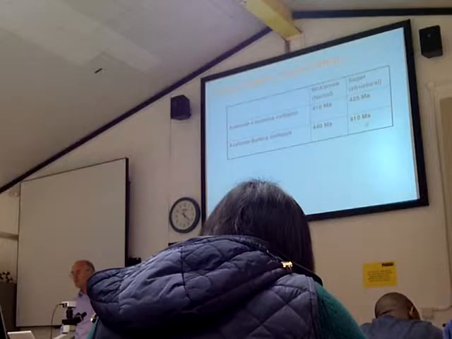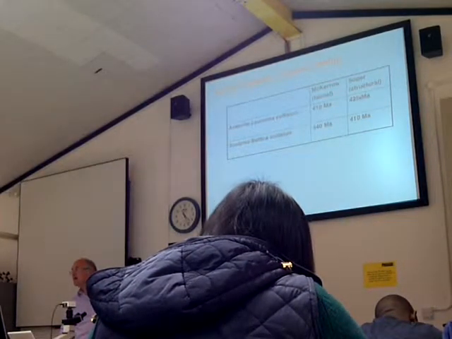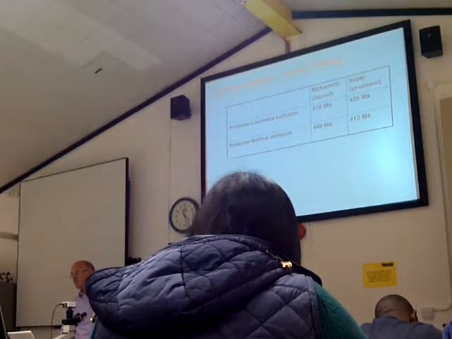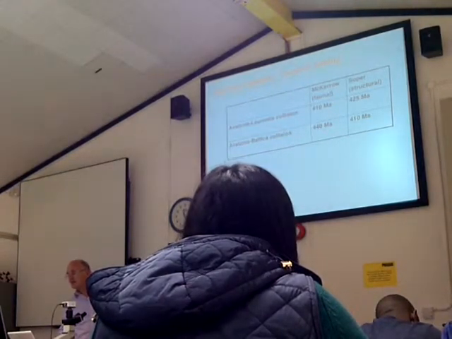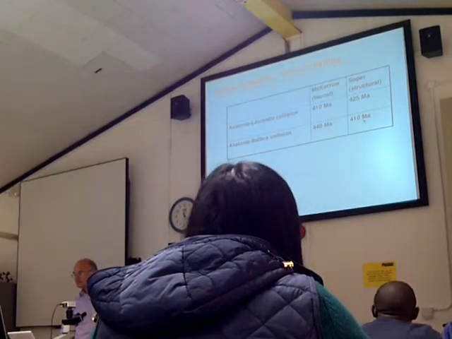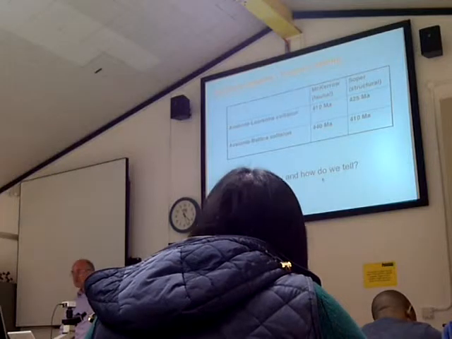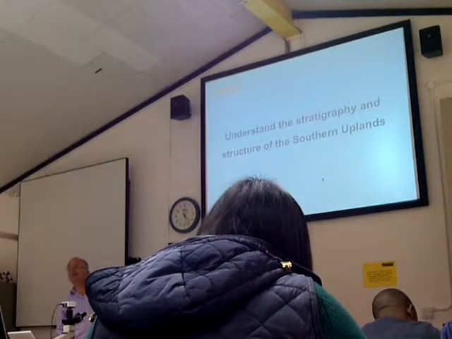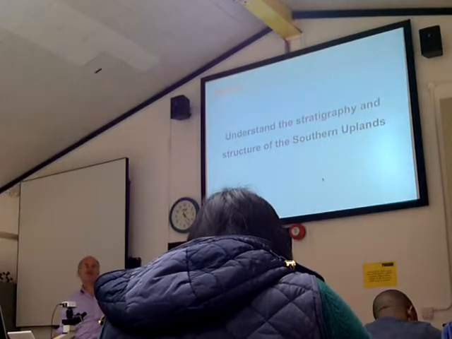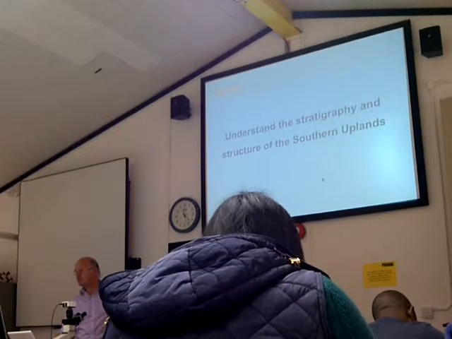The structural model suggests Avalonia-Laurentia collision at about 425, and then final collision with Baltica about 410. How do we tell which model is right? By understanding the stratigraphy and structure of the southern uplands, which is effectively what you've been trying to do in the practical.